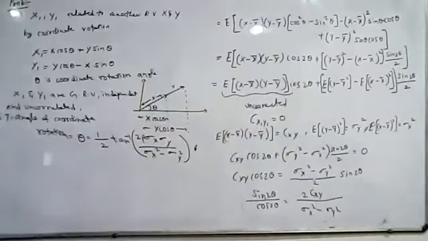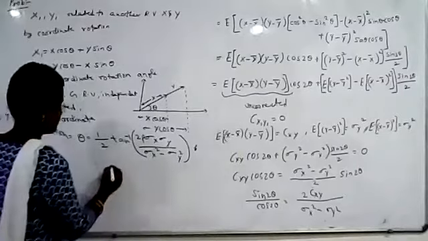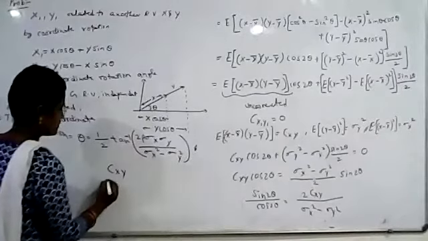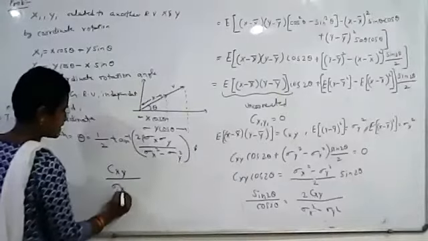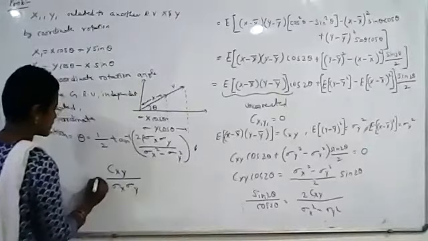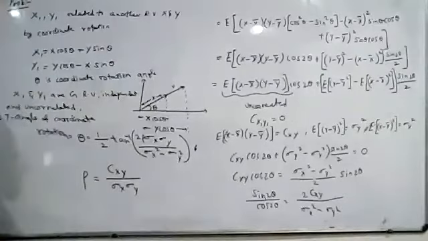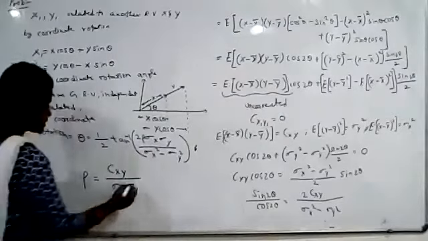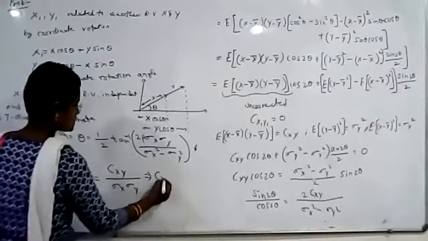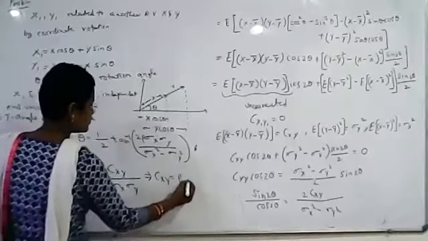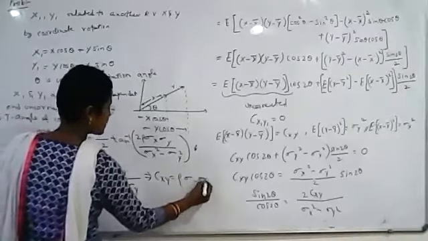Now what is Cxy? Rho is the correlation coefficient, rho is equal to Cxy by sigma x sigma y. So Cxy is equal to rho sigma x sigma y.